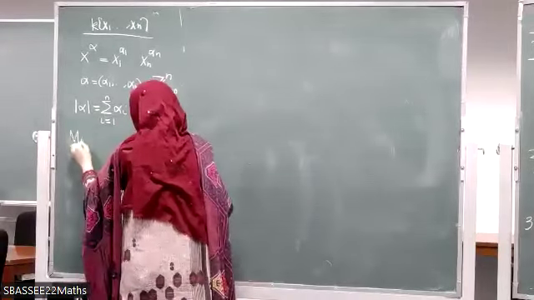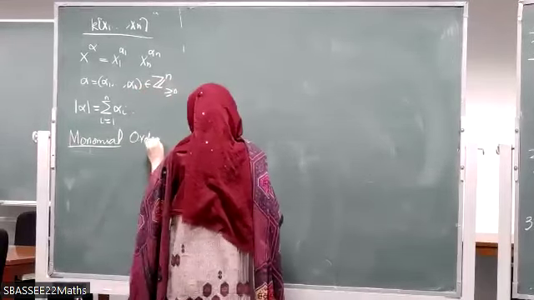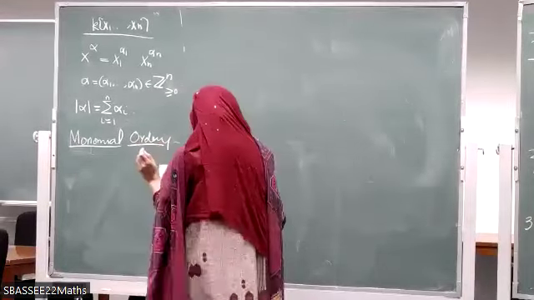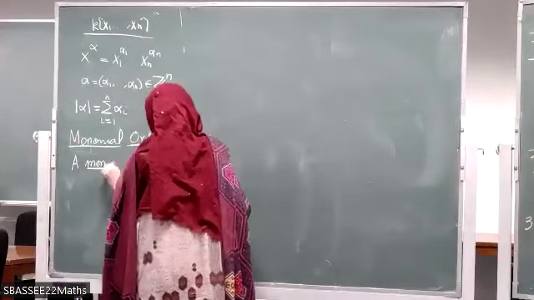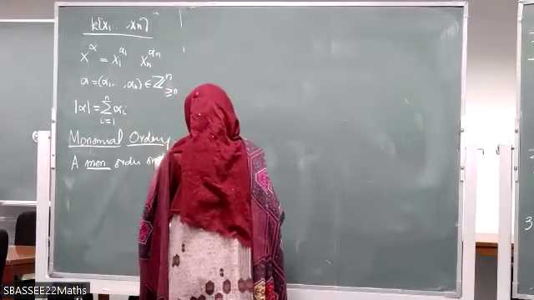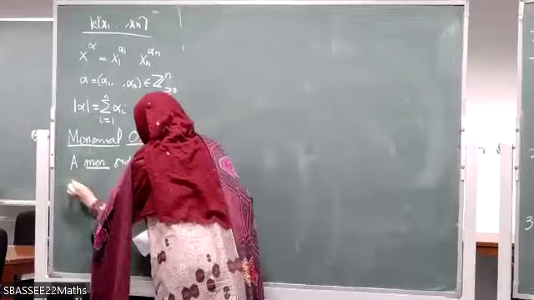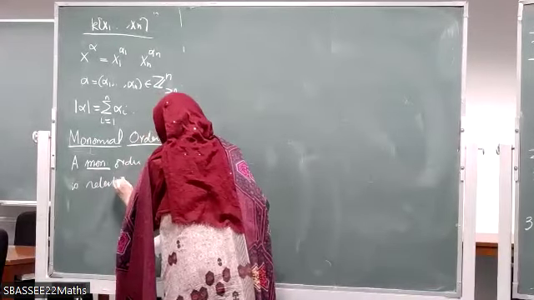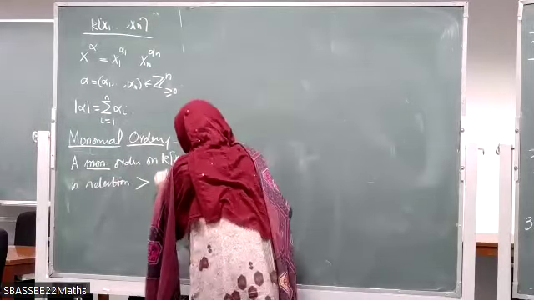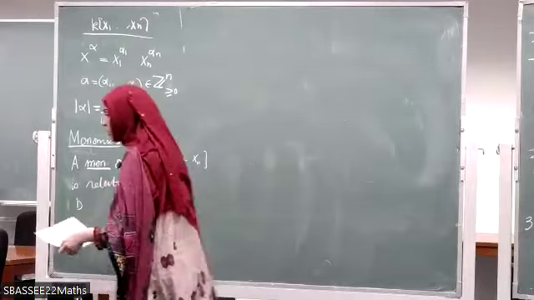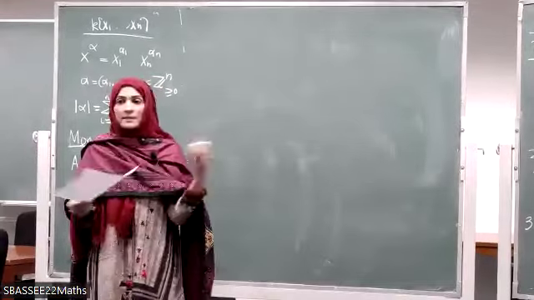Right? Now I will define what a monomial ordering is. A monomial ordering on this polynomial ring is a relation, which we will write in this way, that satisfies certain conditions. First of all, it must be a total order, which means that if you take any two monomials, they must have some relation.